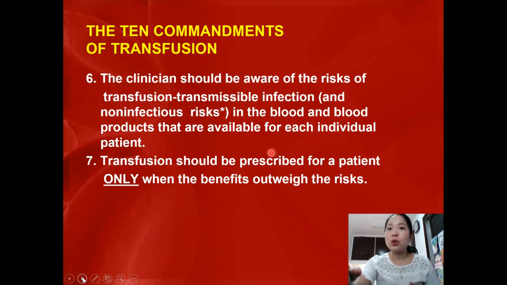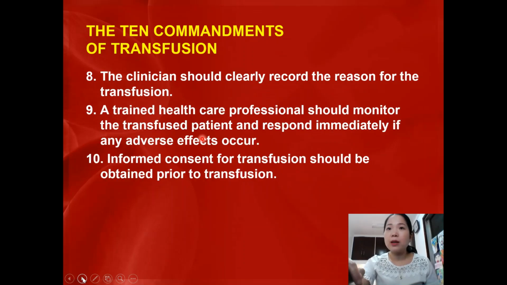And again, you should only transfuse when the benefits outweigh the risk. The clinician should clearly record the reason for transfusion, and there should be a trained healthcare professional who should monitor the transfused patient. And you should get an informed consent before any transfusion.